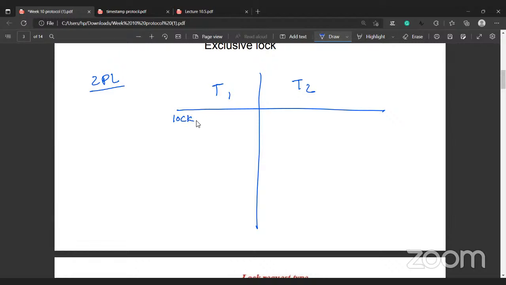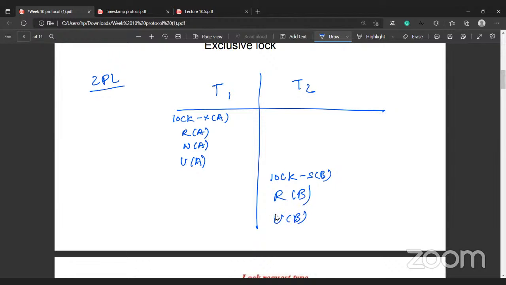T1 applies an exclusive lock on A, then read A, write A, then unlock A. Then transaction T2 applies a shared lock on B, reads B, then unlocks B.